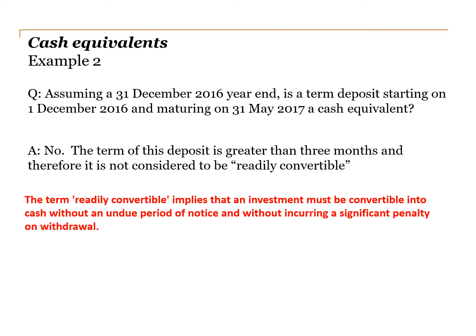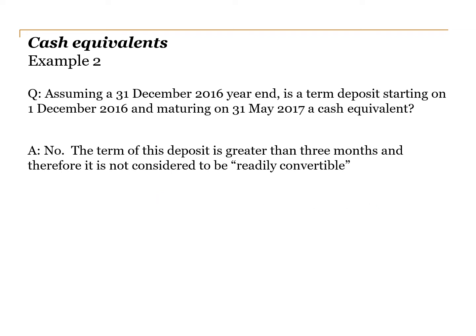It will be classified outside cash and cash equivalent, and the account will be named, let's say, term deposit on your balance sheet inside the current assets, but outside cash and cash equivalent.